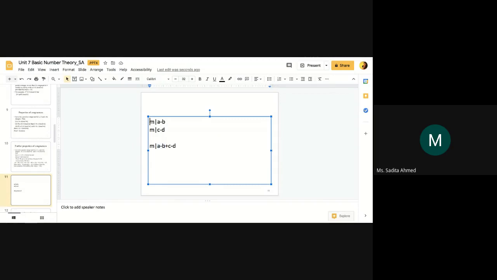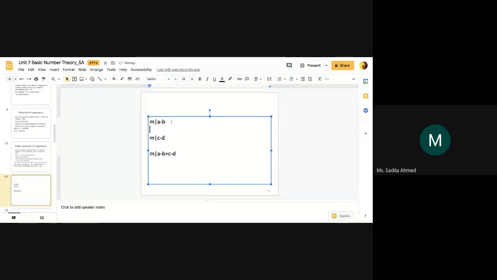Based on the hypothesis, yes, it's divisible by M. C minus D, is it divisible by M? Yes, it is. So if these two terms are individually divisible by M, can we not say that the summation of them will be divisible by M as well?